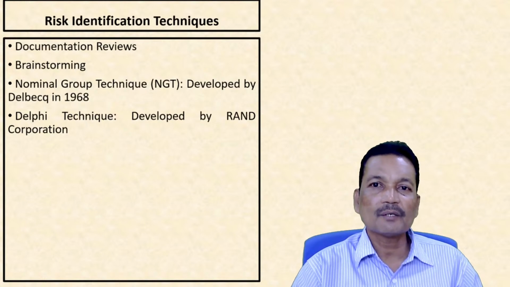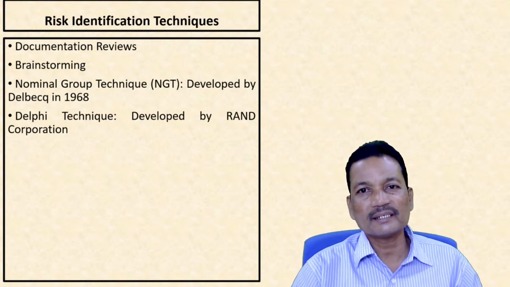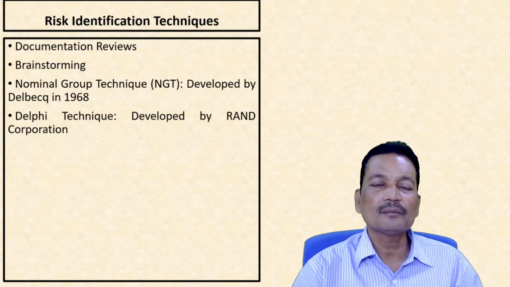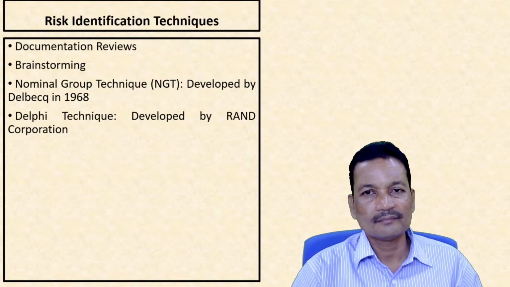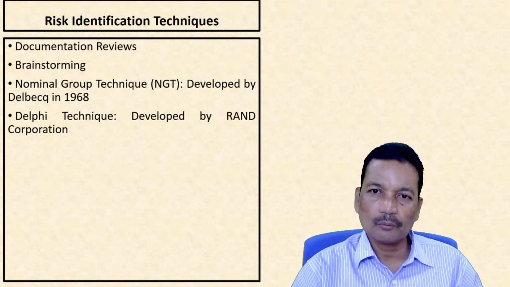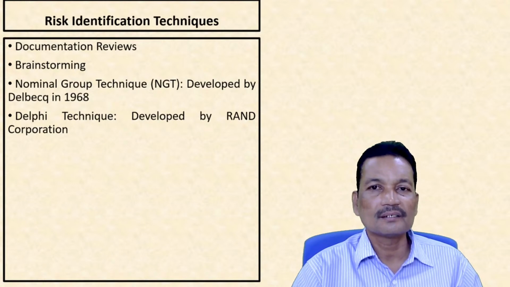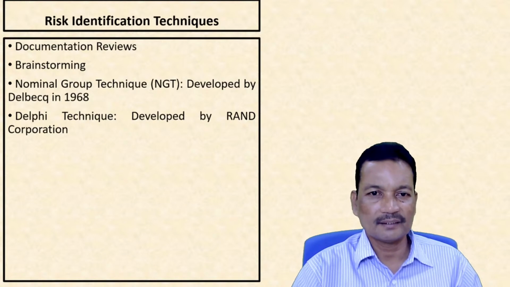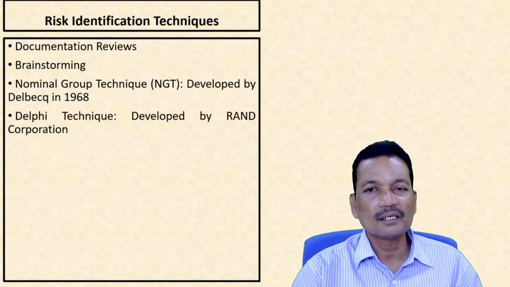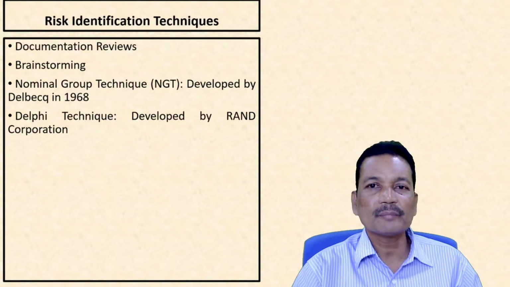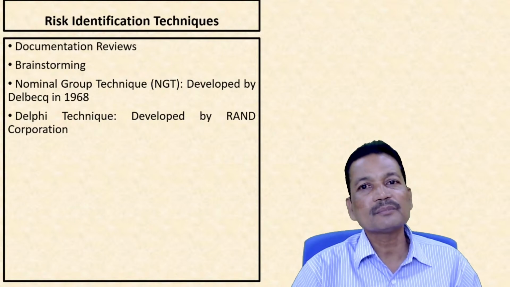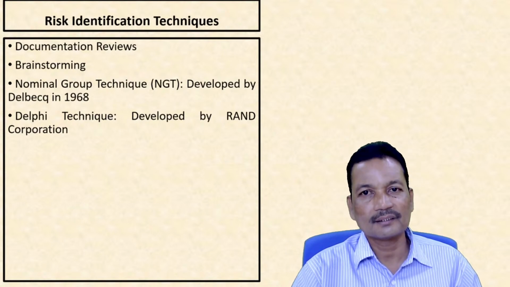They will be asked about the progress and the risk involved in the project. They will give their opinions to the project manager. However, here brainstorming can be dominated by some senior personnel.